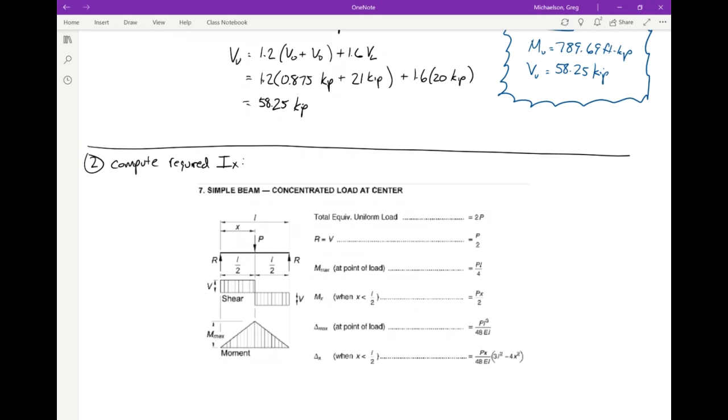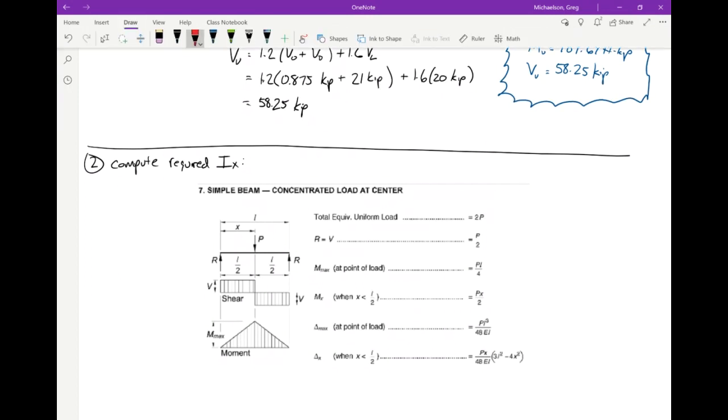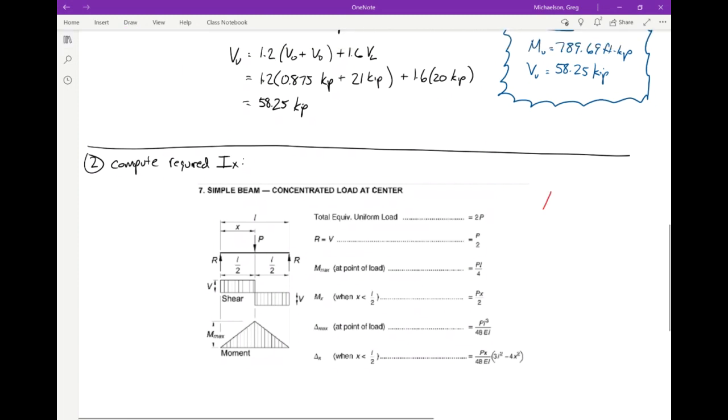We have a live load deflection limit in this problem, if you remember, of L over 600. So I'll put that over here: our max live load deflection was L over 600.